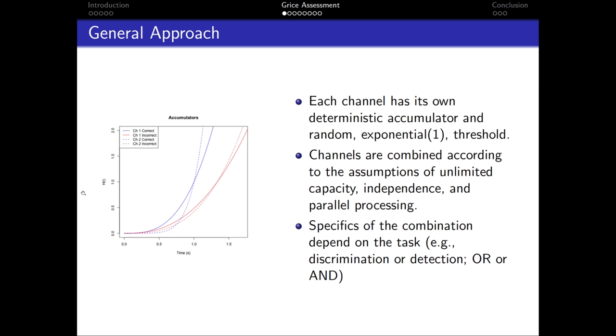And then we combine channels according to the assumptions of the unlimited capacity, independence, and parallel processing model. And then the specifics of the combinations of those processes across channels depends on the task, for example, whether it's a discrimination or detection task, or an AND task, much in the same way the existing assessment functions depend on each of those aspects as well.